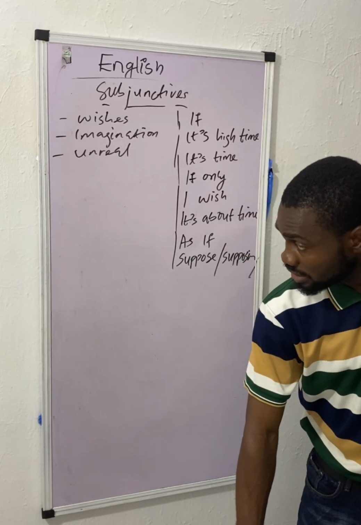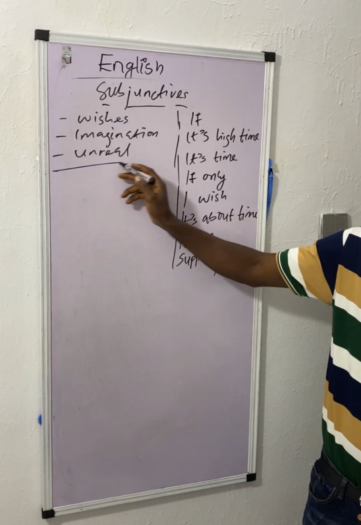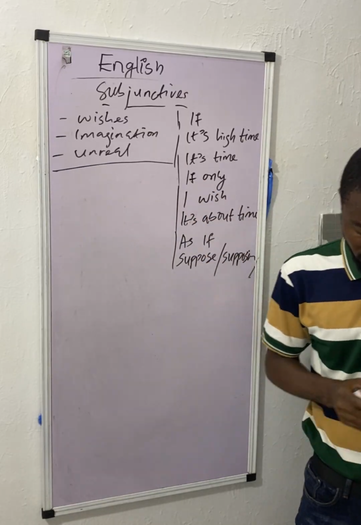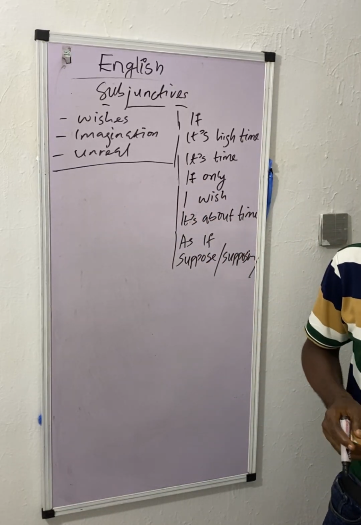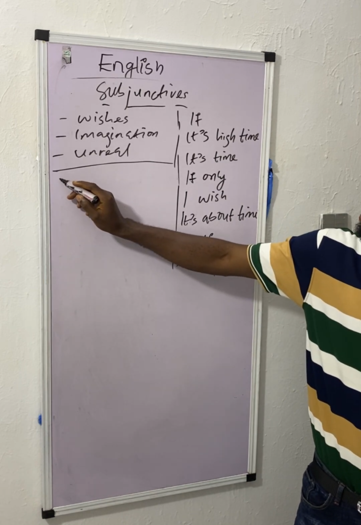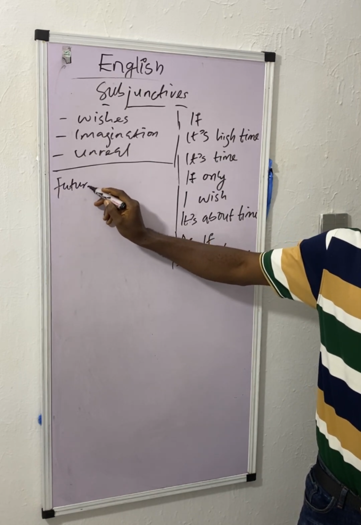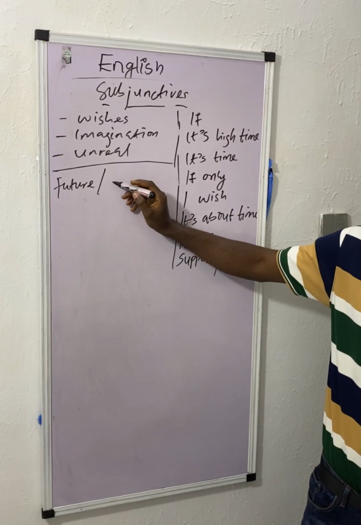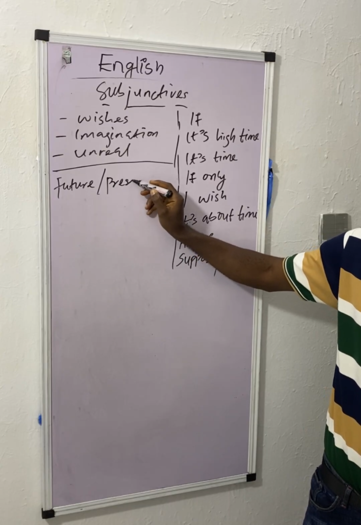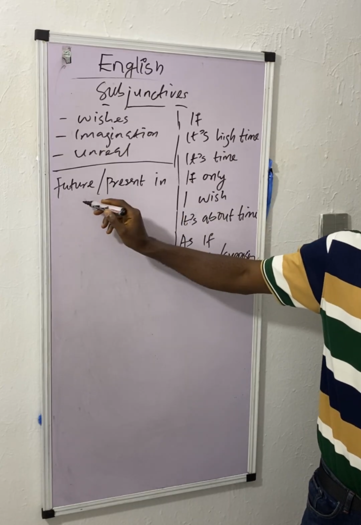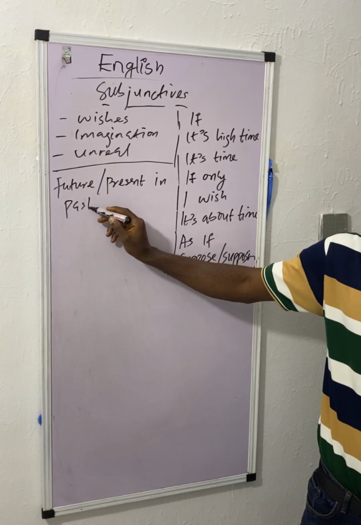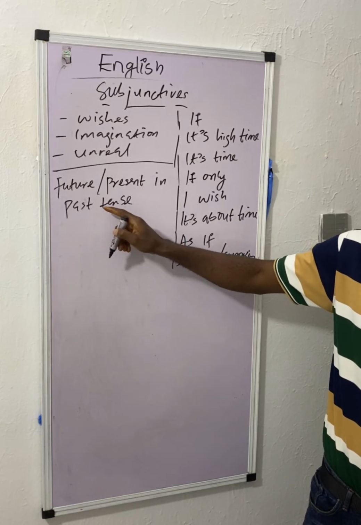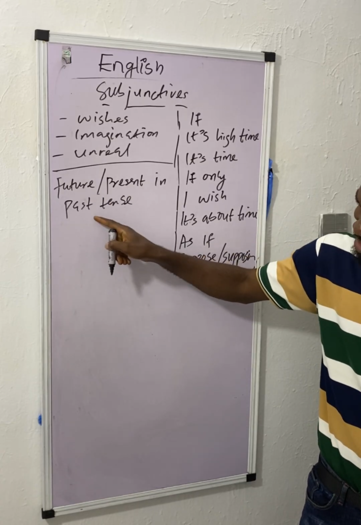All right. So let's look at the law of subjunctives. What is the law? It says that the future and present are expressed in past tense. So when talking about future and present, express it with past tense.